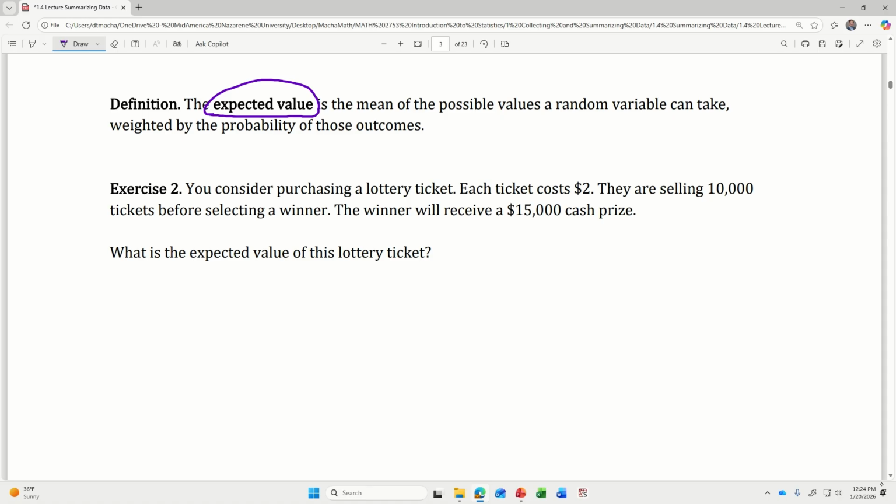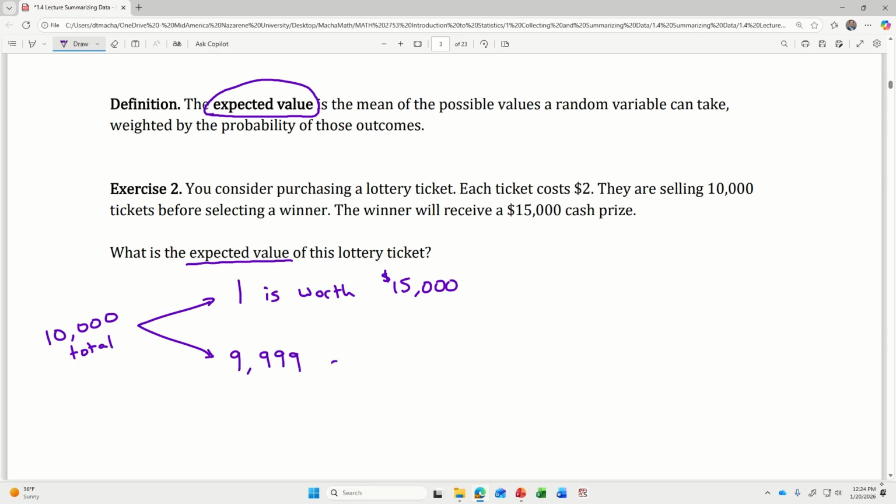So when it asks what is the expected value of this lottery ticket, we have to consider that out of these 10,000 total tickets, one is worth $15,000. 9,999 are worth $0.